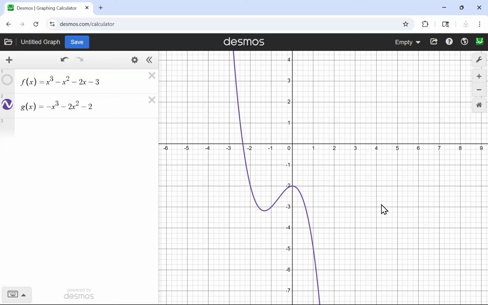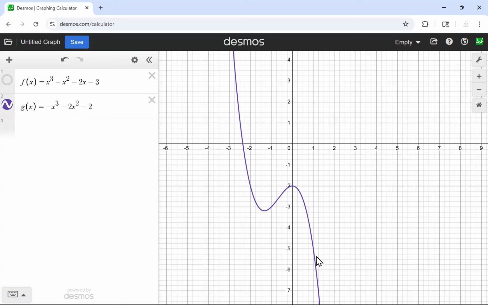With g of x, we have negative x to the third minus 2x squared minus 2. Again, we have one x-intercept, a couple of turning points. It's continuous. And in this case, notice the end behavior does the opposite because we have a negative x to the third. So as you move to the left, the graph shoots off to positive infinity.